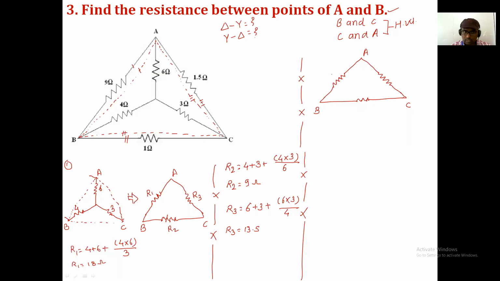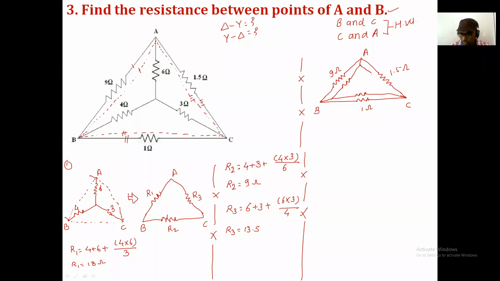This is the outer delta, which is of 9 ohm. I think it's a 1.5 ohm, and this one is 1 ohm. Now the inner star can be replaced into the delta, so I can try to prepare it in this way. So the first branch is in between A and B, the second branch is in between B and C, is it right?